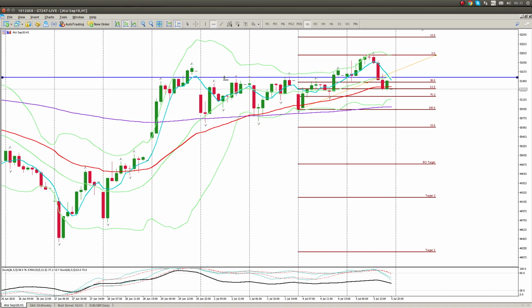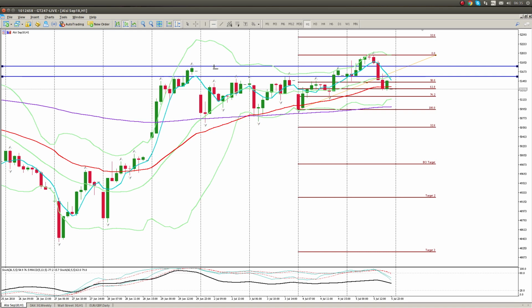Now the range break could be seen as there, or it could be seen as there. To me, in my eyes, they're both targets. Now the measured move I'm looking for is from here. Let's be conservative, take it to that level there, and take it to there.